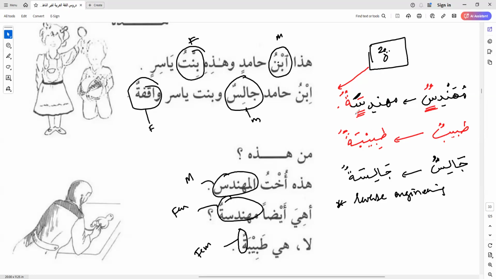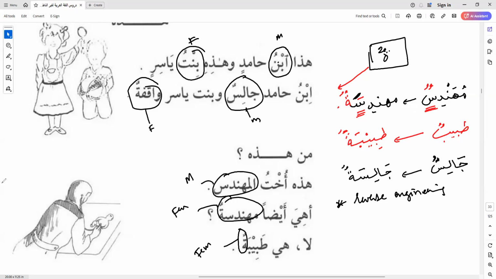If you are given muhandisatun, you can reverse it and get the male part of it. And if you are given the male part, you just add taw marbuta and then change a few vowels as indicated to get the feminine part of it. And it's always like that.